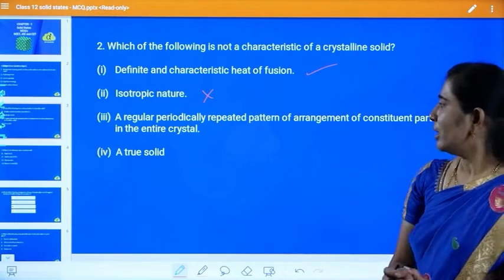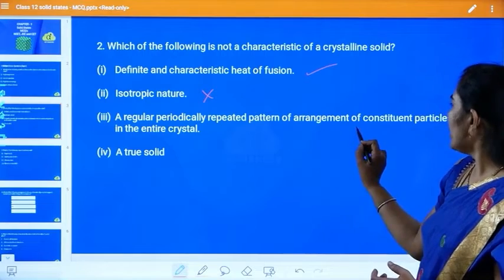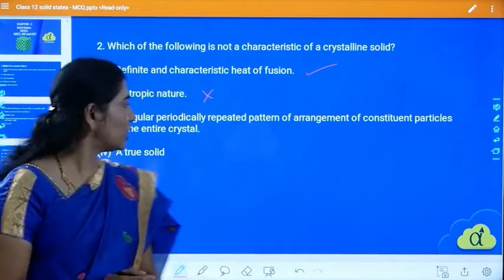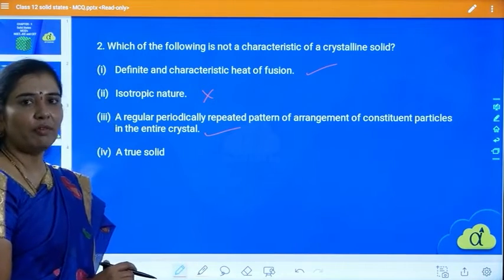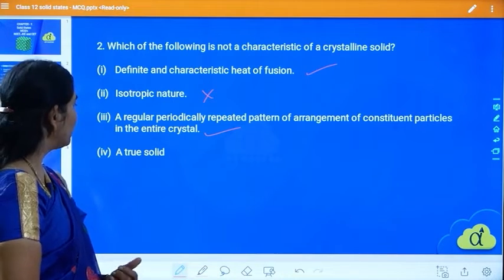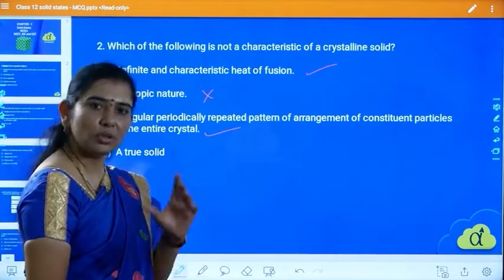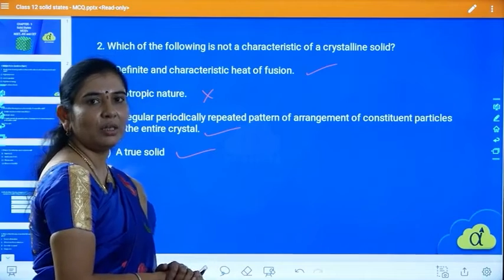Okay, next, a regular periodically repeated pattern of arrangement of constituent particles in the entire crystal. Of course, crystalline solid means there will be a regular pattern of arrangement. So this is correct. Then crystalline solid is a true solid. Of course, it is a true solid, right? So these three hold good for crystalline solid.